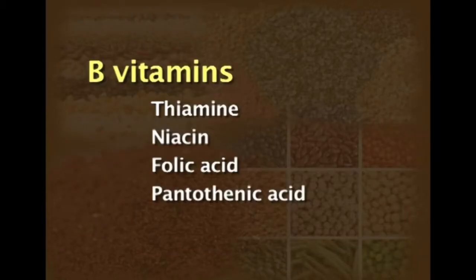Pulses provide very good sources of B complex vitamins which include thiamine, niacin, folic acid, pantothenic acid, and they are basically lacking in vitamin A and C. But vitamin A and C are available to some extent when these pulses are eaten fresh and tender and in a green condition.